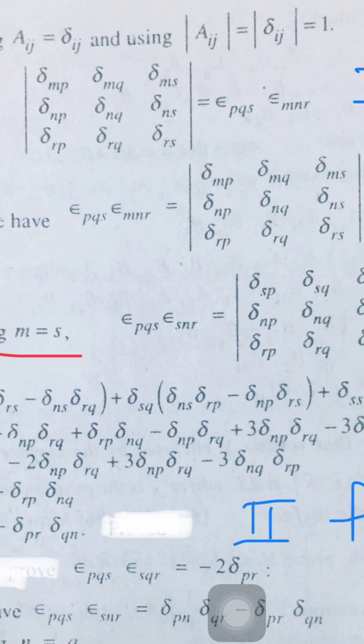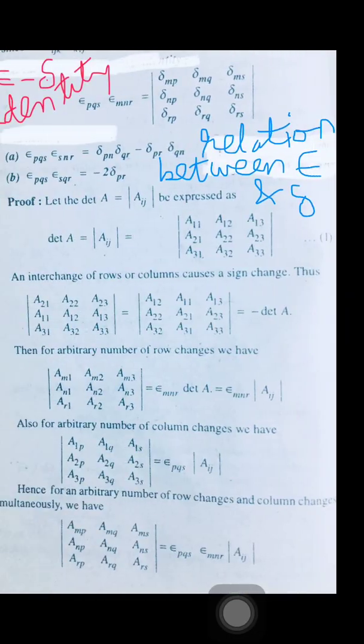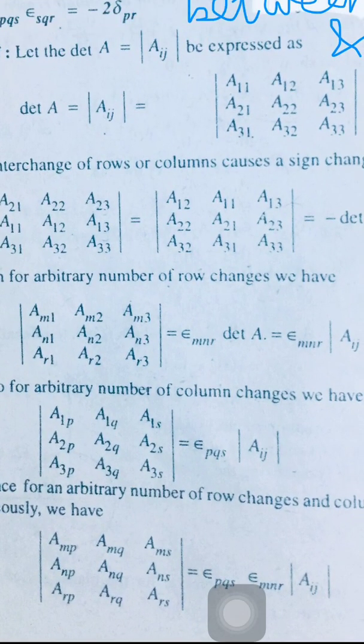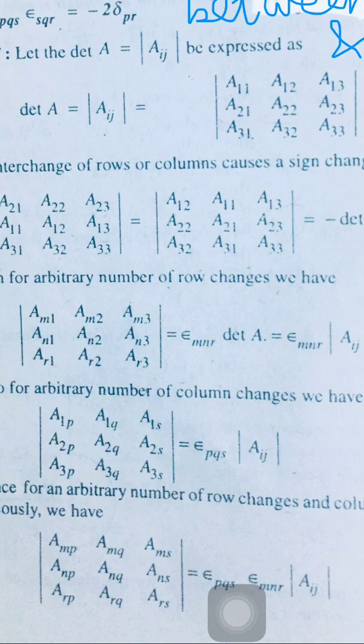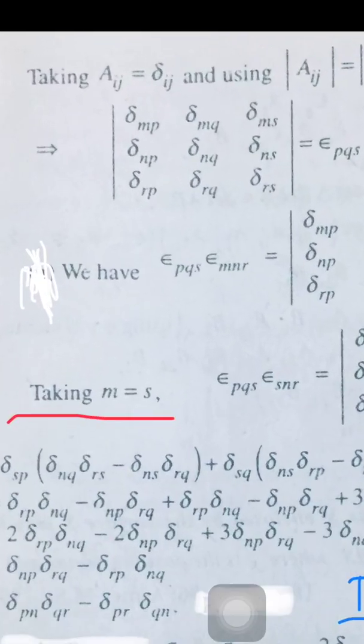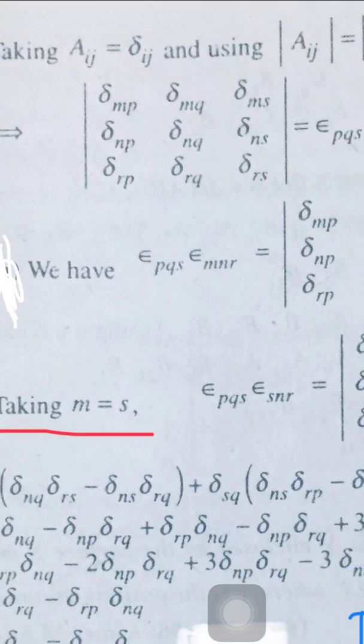Using this symbol in our epsilon last expression here, this determinant Aij becomes 1 and AMP becomes Kronecker delta MP, AMQ becomes delta MQ, and AMS becomes delta MS. Similarly, all these change with the Kronecker symbol because we write Aij is equal to delta ij.